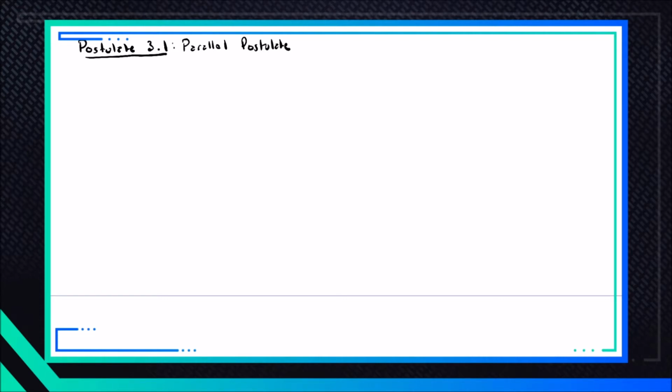The parallel postulate says the following: if we take a line L and we have some random point P, so that point right there is P, there's only one line, and exactly one line, that can go through point P that will be parallel to L. If you try to draw any other line through point P that is parallel to L, it will be that orange line.